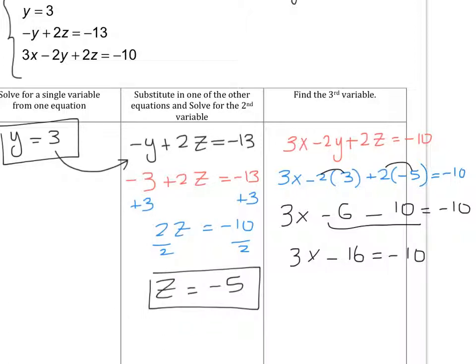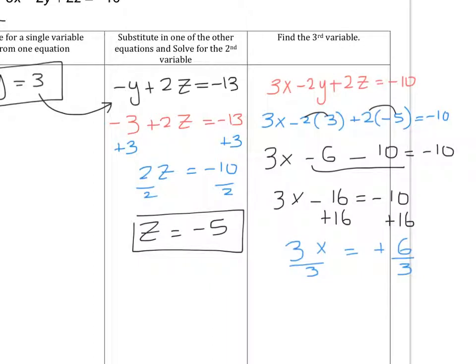Now let's isolate the x by adding 16 to both sides. So 3x is equal to positive 6. Now divide both sides by 3. You're going to end up having x equals 2, since 6 divided by 3 is 2.